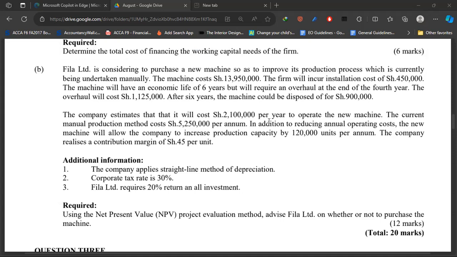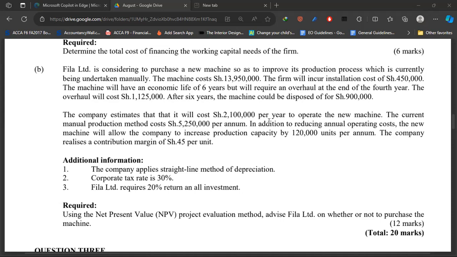The machine will have an economic life of 6 years, but will require an overhaul at the end of the 4th year. The overhaul will cost 1,125,000. After 6 years, the machine could be disposed of for 900,000. The company estimates that it will cost 2,100,000 per year to operate the new machine.